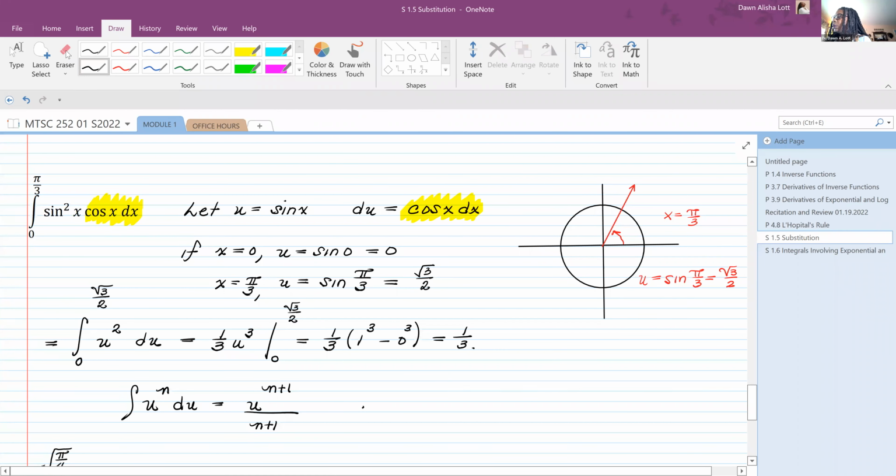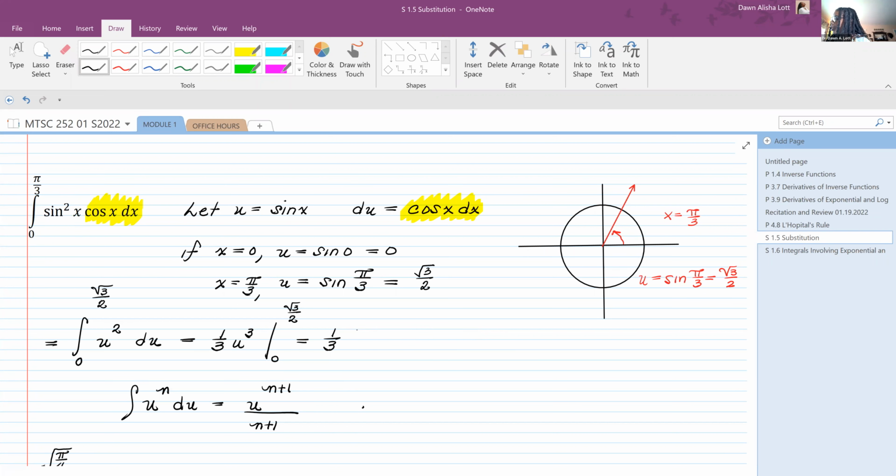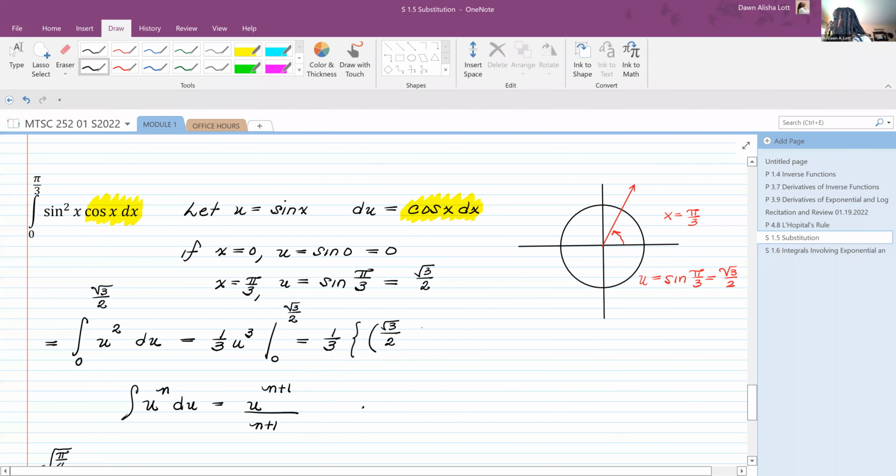When we plug it in, we get 1/3. But now we have to do the square root of 3 over 2 cubed.